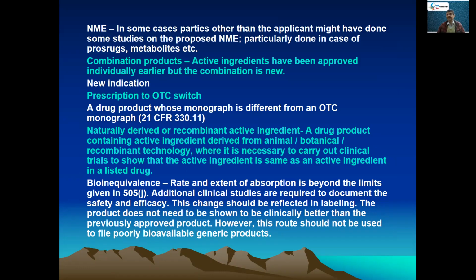However, if the applicant is the innovator company, then it will fall as a new drug application, because the innovator company has the right to that data which was generated previously for celecoxib.